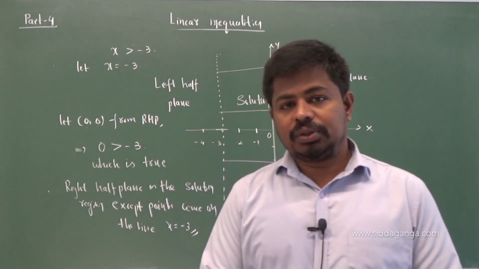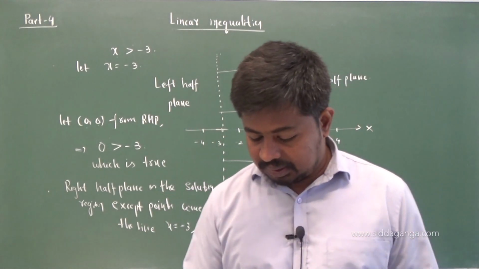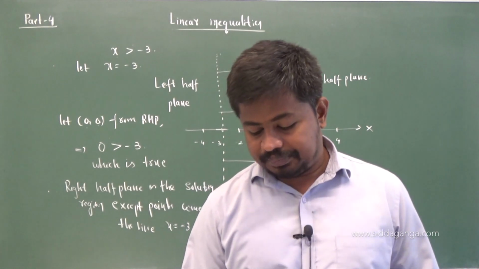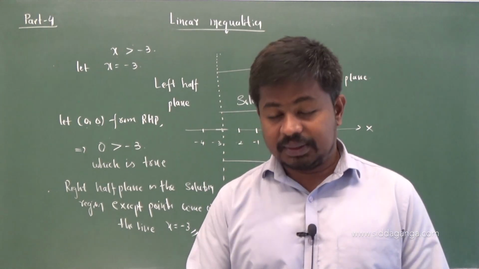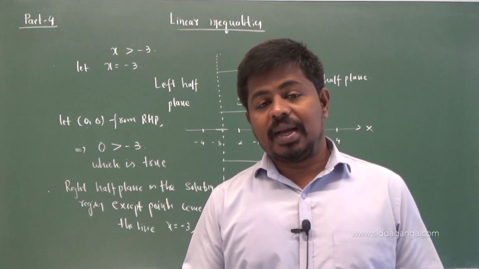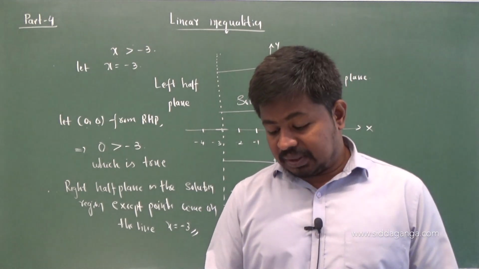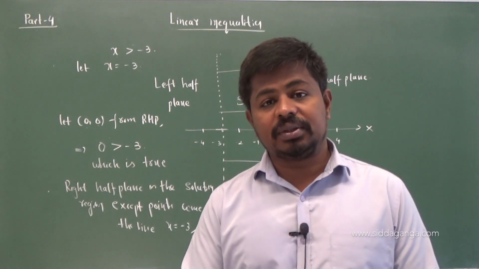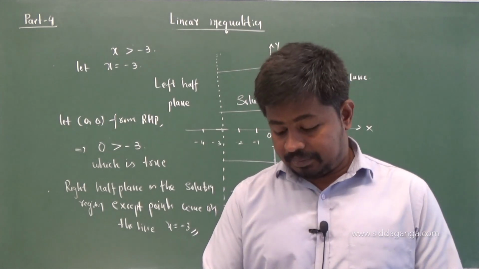Now, let us move on to the last concept of this chapter, which is important for the annual examination. From this concept you get a 5-mark question compulsorily every year.